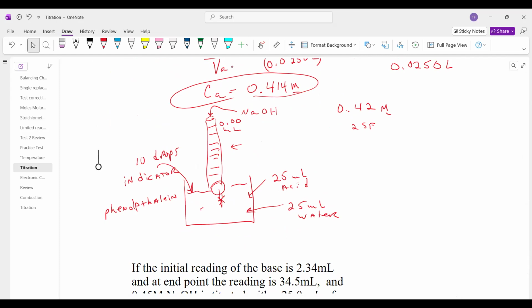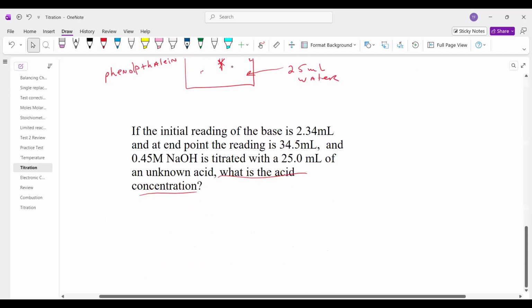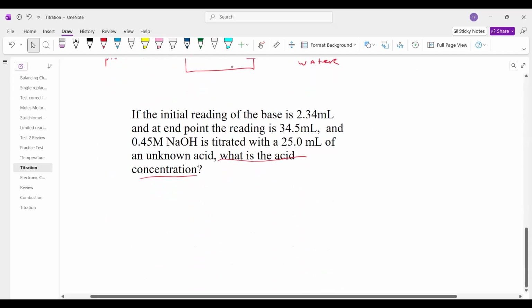However, you don't have to start at zero because in your data table, you're going to have something called initial volume and final volume, and then you subtract the two. If your initial volume is zero, nothing changes when you subtract. But if you don't start at zero, then you have to subtract.